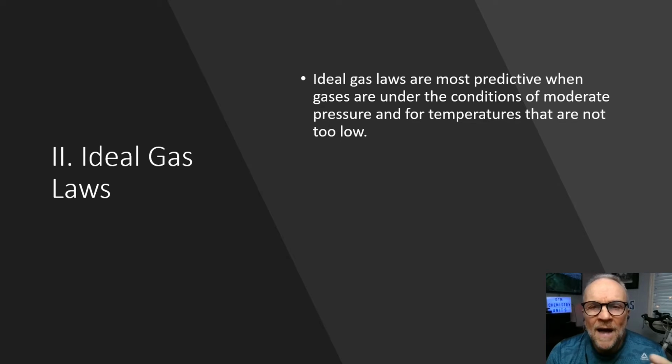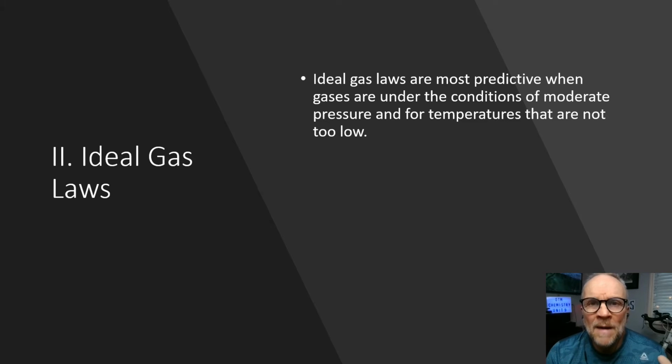So ideal gases are most predictive when the conditions are moderate. The temperatures are not too high or low, and the pressure is not extremely great. Under normal conditions, these gas molecules are free to move and they don't interact with each other a whole lot.